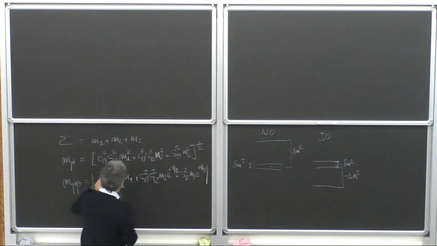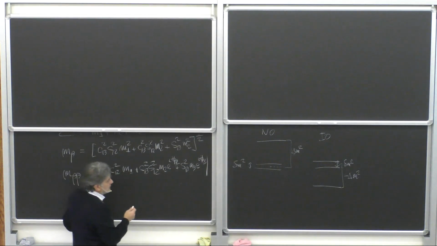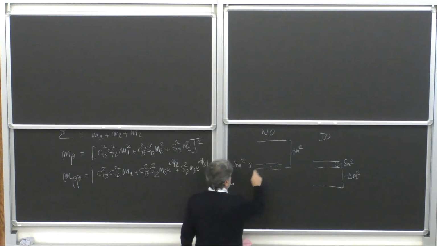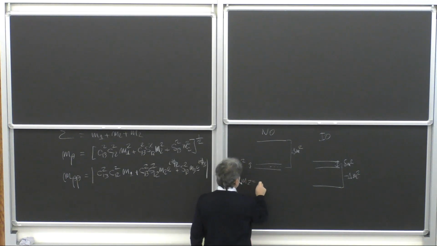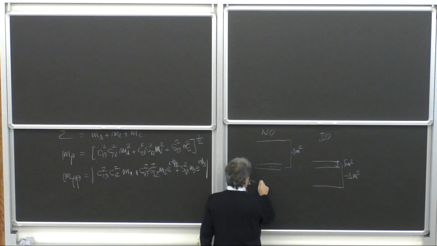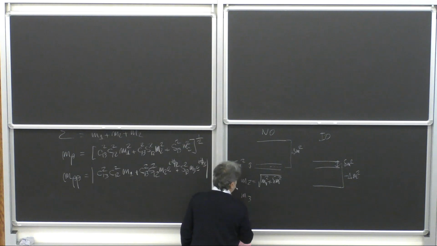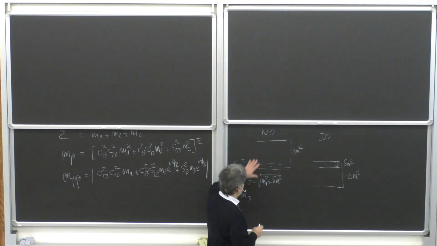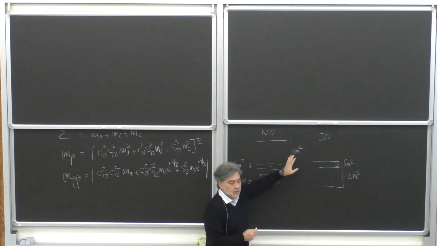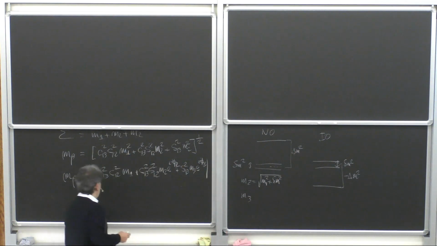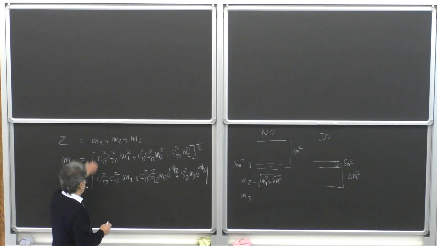Now, if you consider that, for instance, here M2 is equal to the square root of M1 squared plus delta m squared, and M3 can also be expressed as a function of the two delta m squared, these three observables are not independent, but they are correlated.